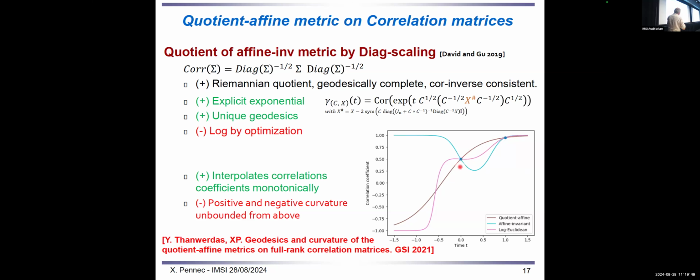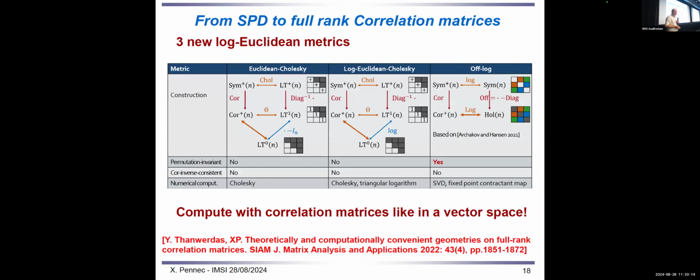The interpolation we get with this metric for the correlation is monotonous, while you see that the affine invariant is something like that, and the log Euclidean is not even going to the same value in the end. So what's interesting is there is a different interpolation in between, but the extrapolation might be very different. So if you're thinking of extrapolating from your data, maybe changing the metric will change a lot of things.